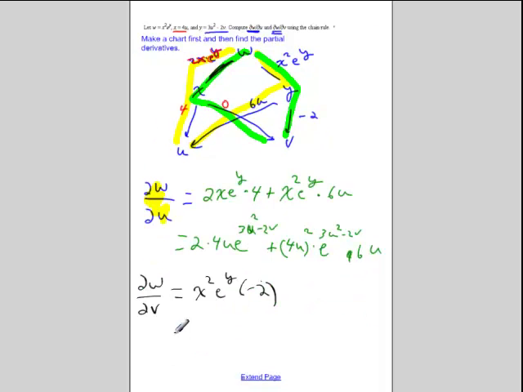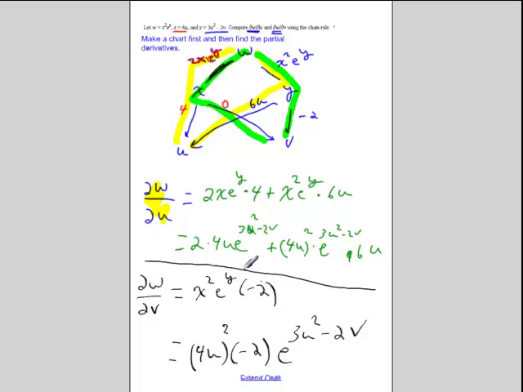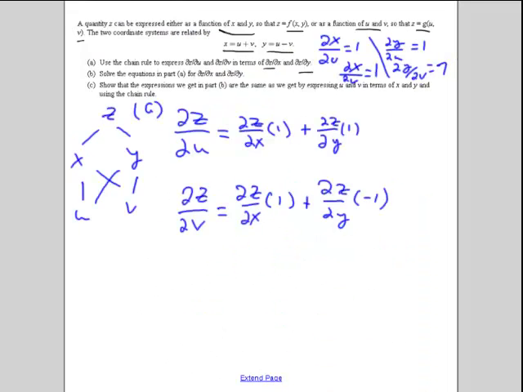And so just to write that in terms of u and v, it is negative 2 times 4u squared, and then e to the 3u squared minus 2v. And so these are telling me how w is changing with respect to u and with respect to v, even though we had w being defined in terms of x and y.